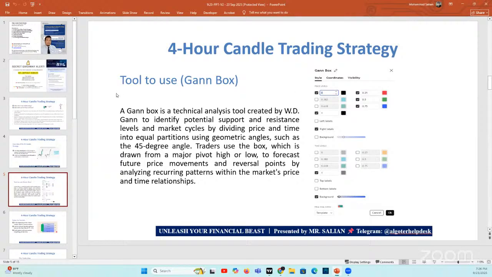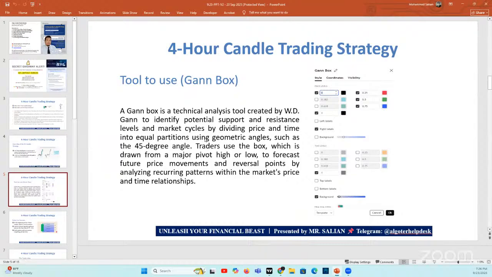Okay, let's move on. A Gunbox is a technical analysis tool created by W.D. Gann, hence the name, to identify potential support and resistance levels and market cycles by dividing price and time into equal partitions.